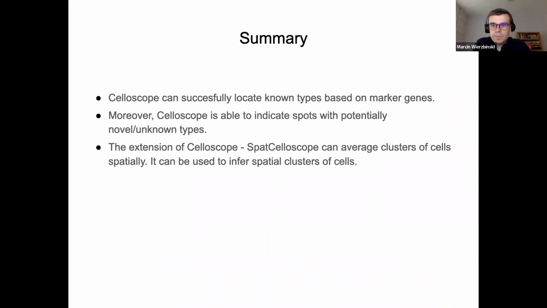Moreover, Celloscope is able to indicate spots with potential novel or unknown types. And I propose the extension of Celloscope with the name Space Celloscope. This extension can average clusters of cells spatially, and it can be useful to infer spatial clusters of cells and check the location of those clusters.